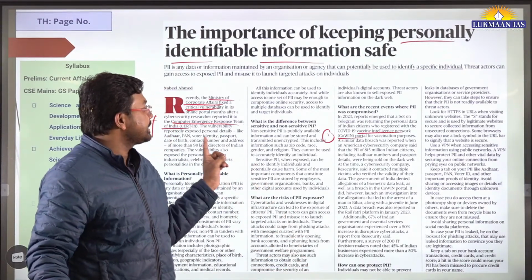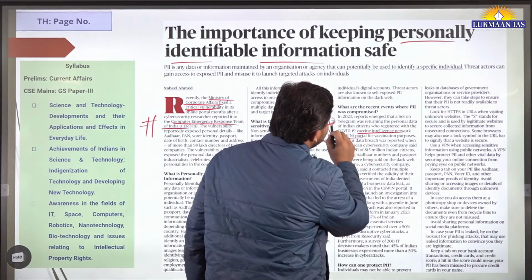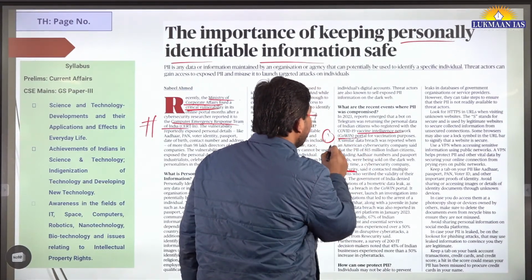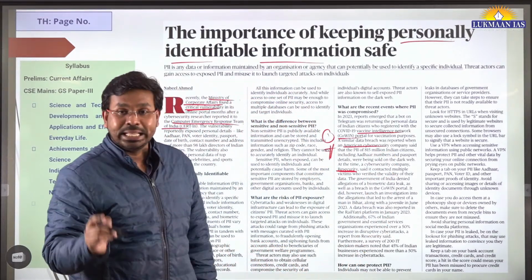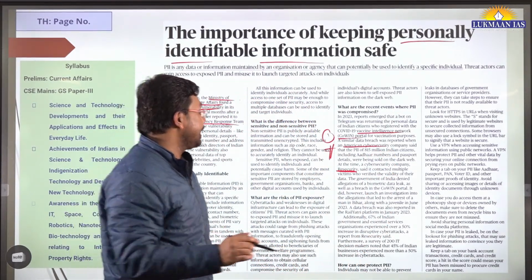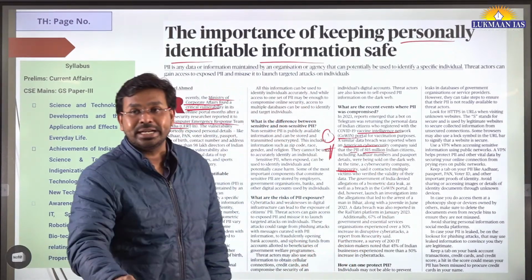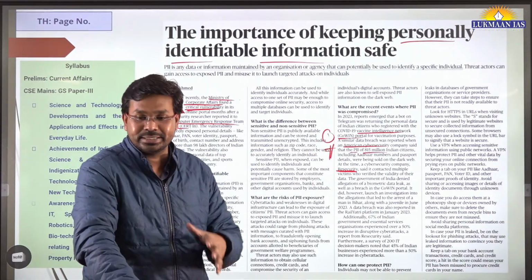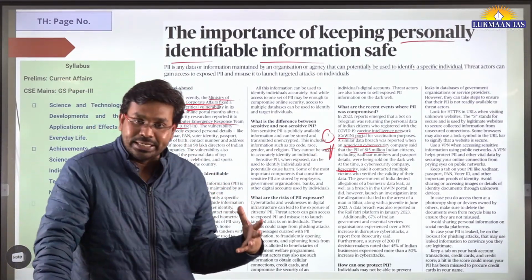And apart from this, here they have mentioned about another similar vulnerability. So there is a company, it is known as Resecurity. Resecurity is an American cyber security company, and they have notified the government of India that personally identifiable information of 815 million Indian citizens got leaked, including Aadhaar cards, passport details, right?